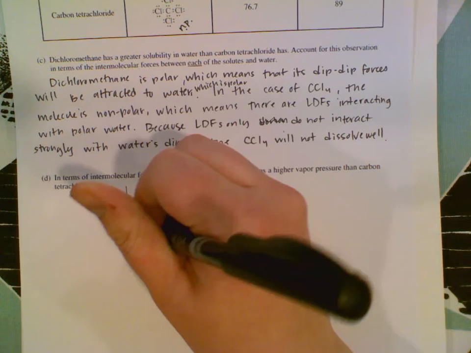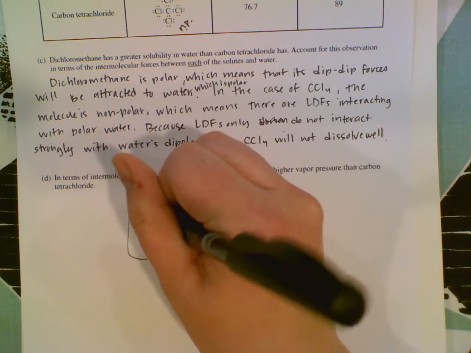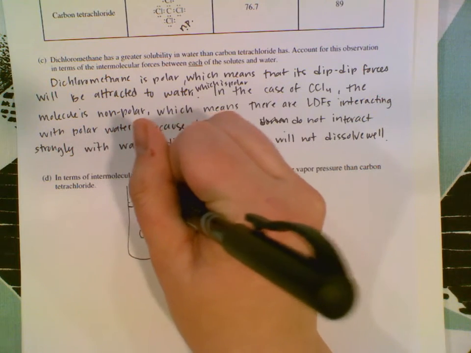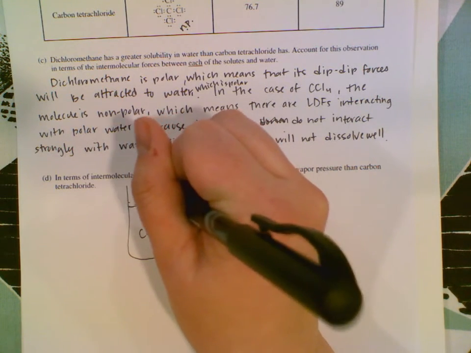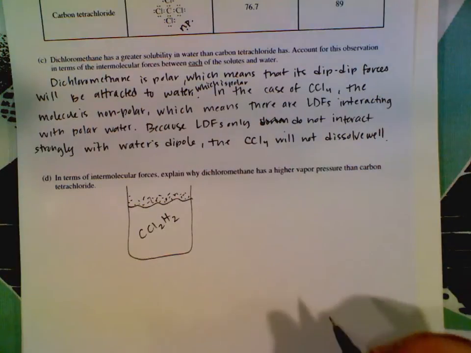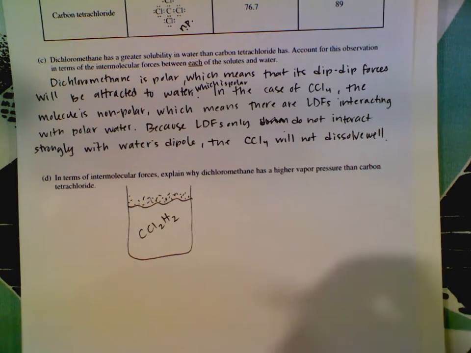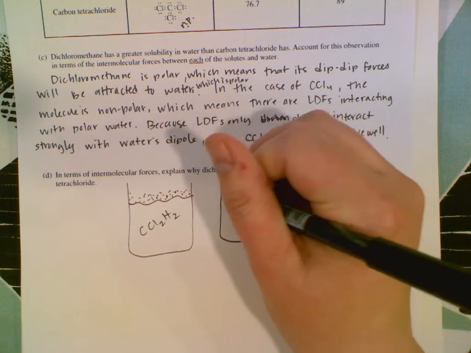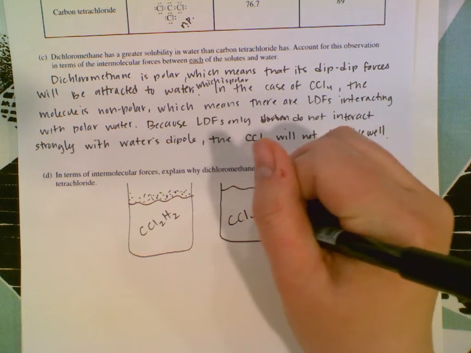So if I have CCl2H2 here, vapor pressure is the pressure of how much vapor is at the top of the surface. So if we compare the two at a specific temperature, CCl2H2 and then CCl4.